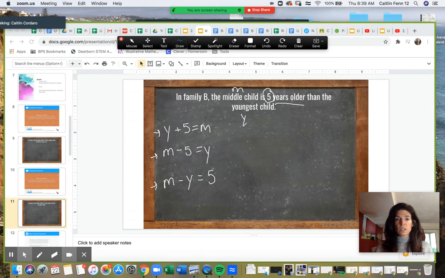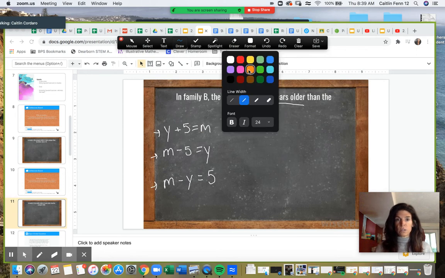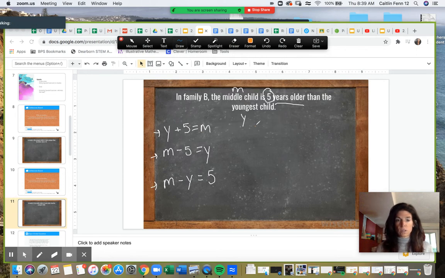If the younger child is 1 year old, and we add 5, the middle child will be 6, right? Okay, so we've got the 1 year old and a 6 year old, right? Now let's see, are these equations equivalent?